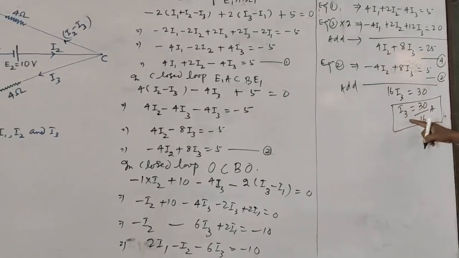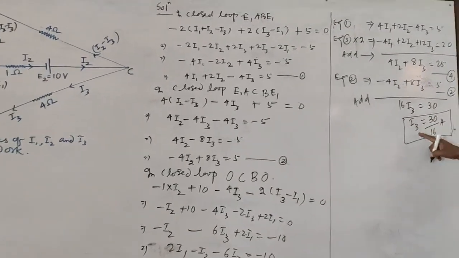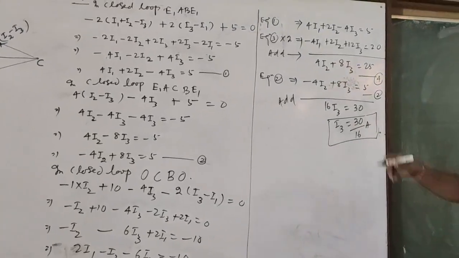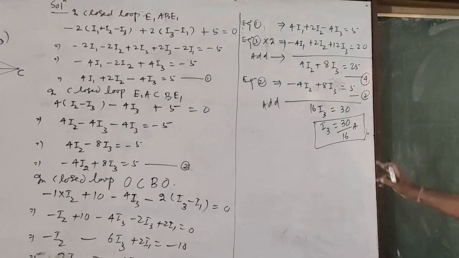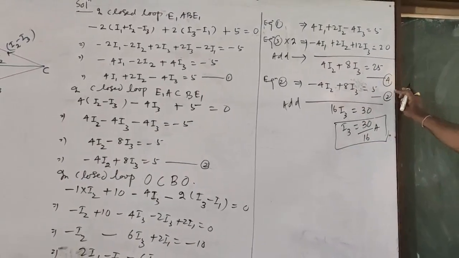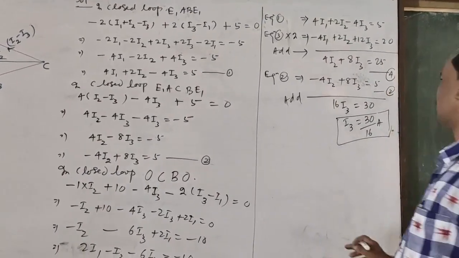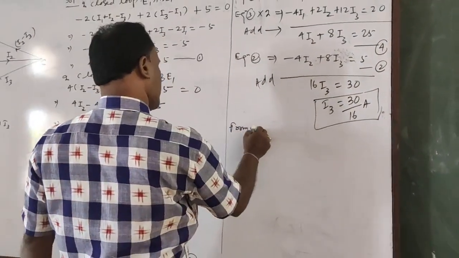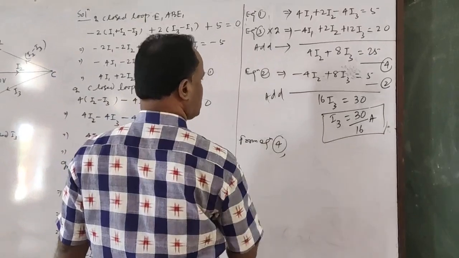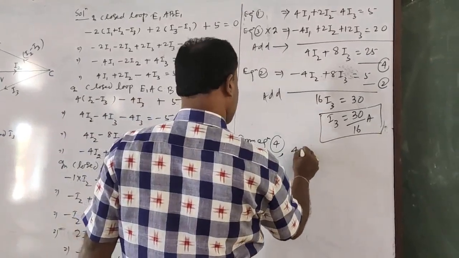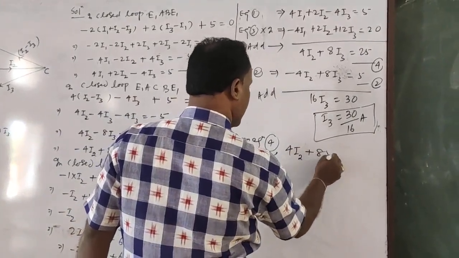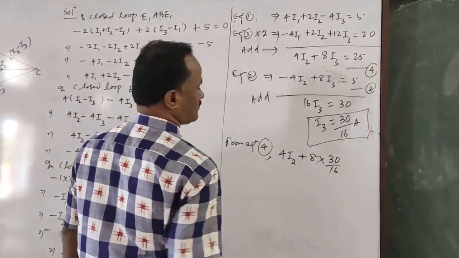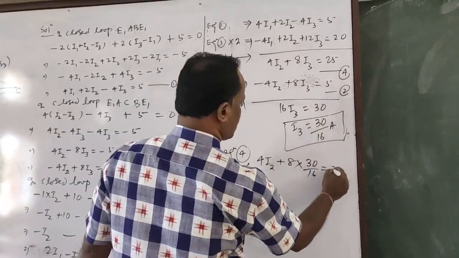Though you obtain one value, I3 equal to 30 divided by 16 ampere, you can use this value in equation 4 or 2. From equation 4, 4I2 plus 8 times 30 divided by 16 is equal to 25.